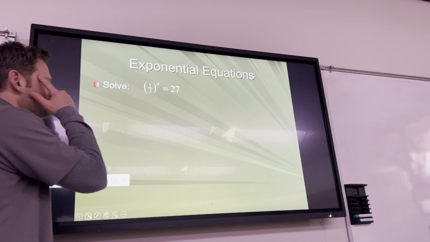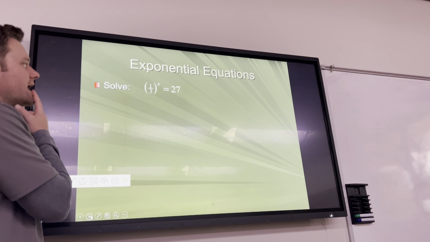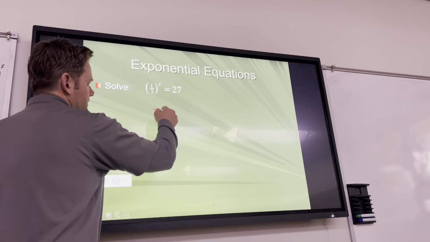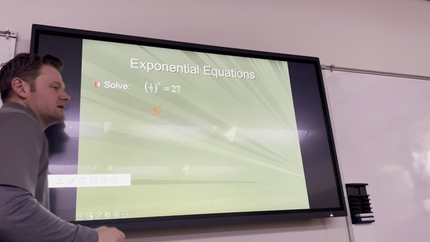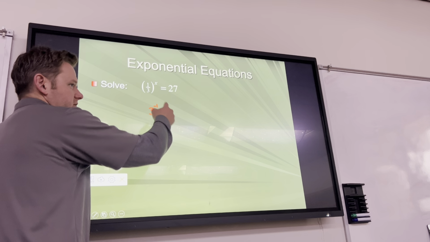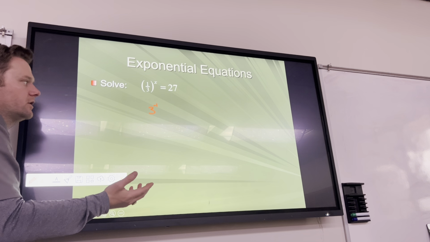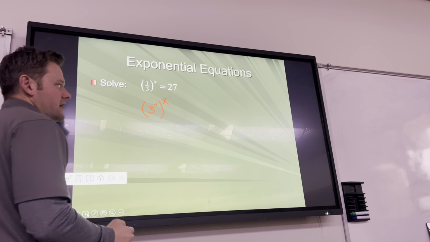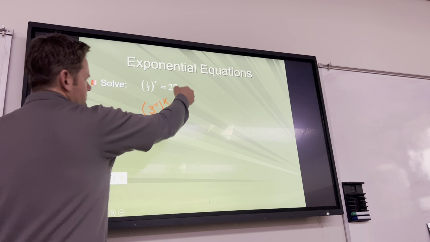Well, if I know my exponent rules, I can rewrite 1/3 as 3 to the negative 1, right? 3 to the negative 1 would mean 1 over 3 to the 1. So now I have (3^-1)^x equals, well, 27.